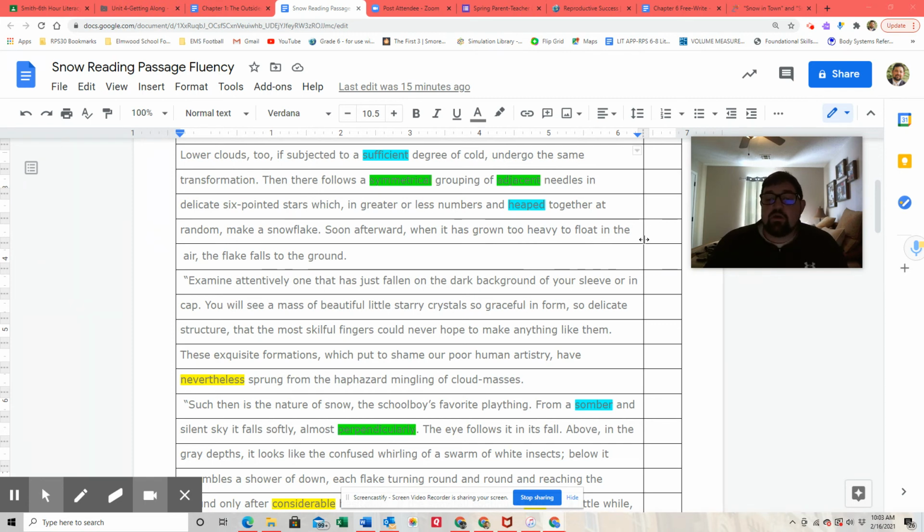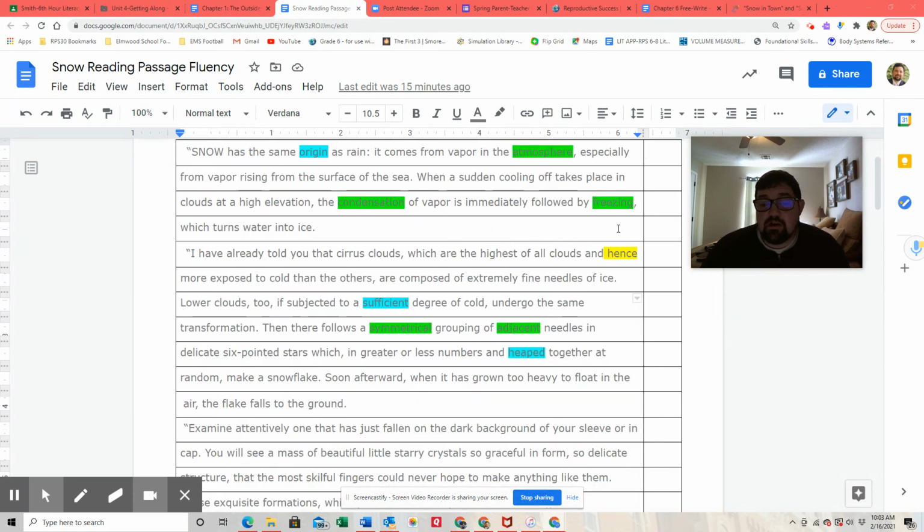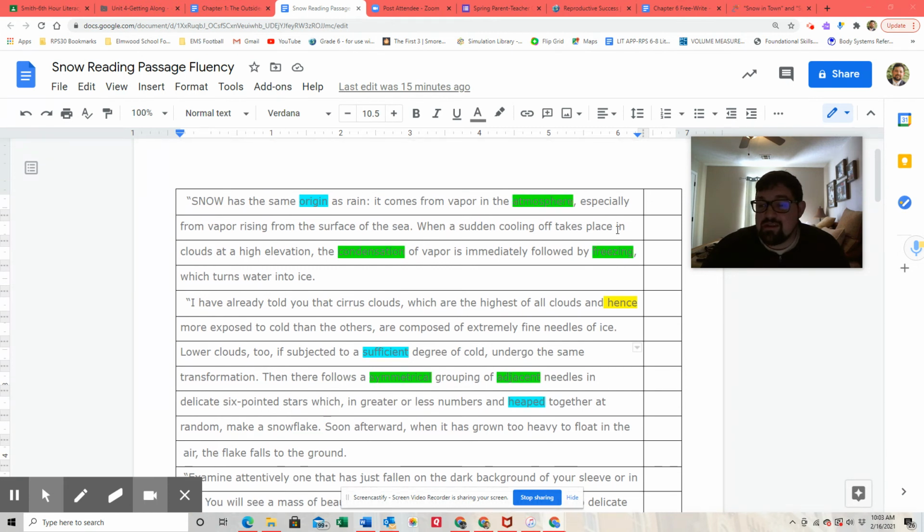So we have six words there. They're what we call academic language. And these are words you learn in some of your other classes, but here they are showing up in a passage, and we need to understand what they mean to really get what this passage is talking about. So in this passage, this right here, that is a huge part of just that paragraph describing the process of snow forming: gas, water, solid.